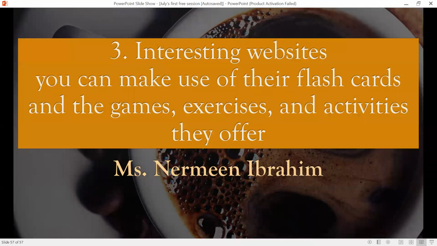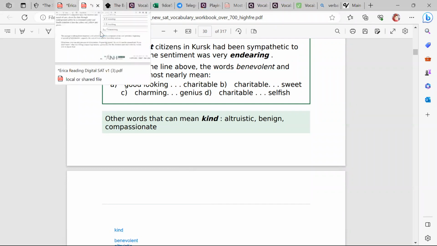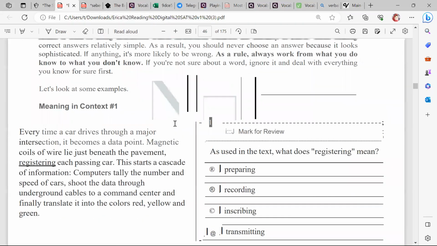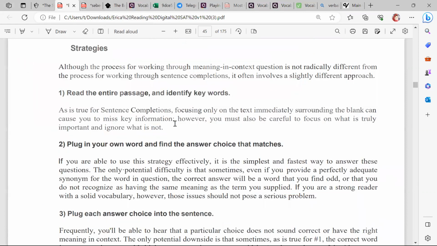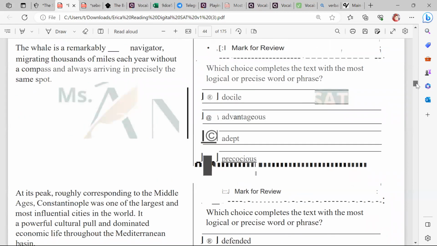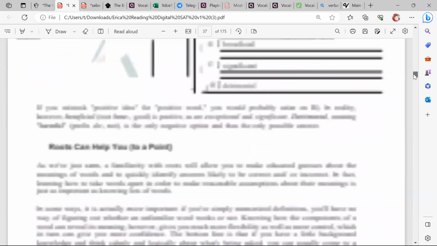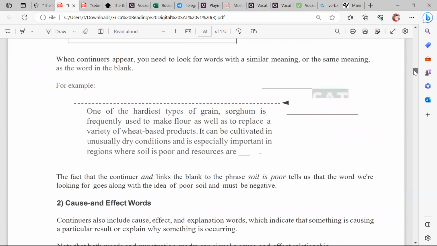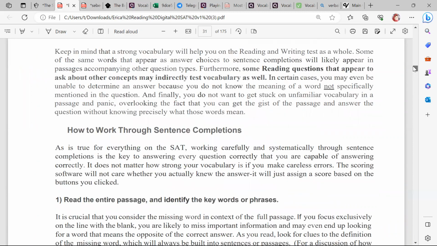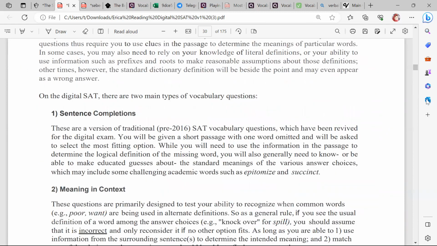This was only one sample of a book that can help you. Also, before leaving this point, you can rely on this book, Erica. Erica has a complete section explaining how to handle vocabulary in context questions.